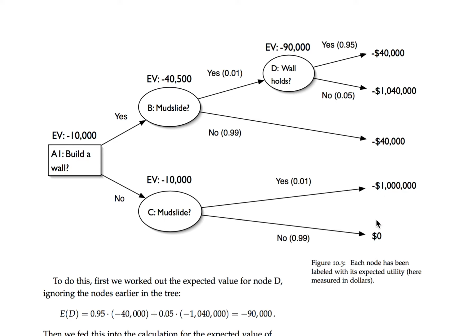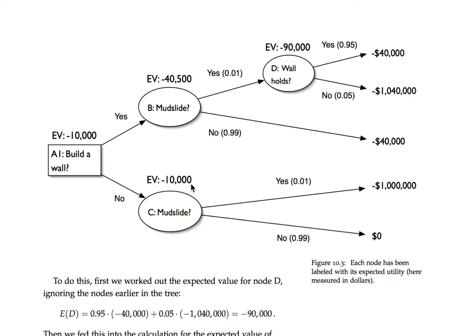So again, we've calculated using the simple recipe of adding up the gains and losses along the arrows as you traverse the path, the final values of these terminal nodes right here. And now let's calculate the expected value of node C. So with probability 99% you incur no cost, and with probability 1% you incur $1 million cost. That's what happens if there's a mudslide and you haven't built the wall.